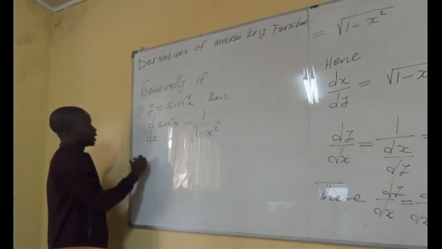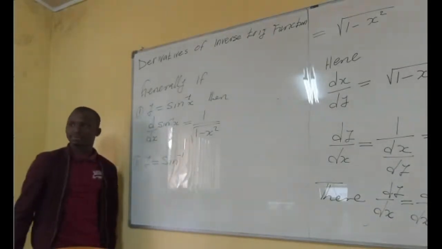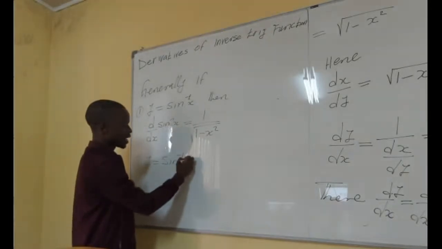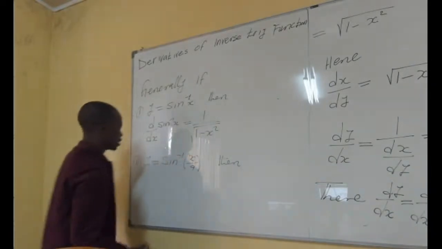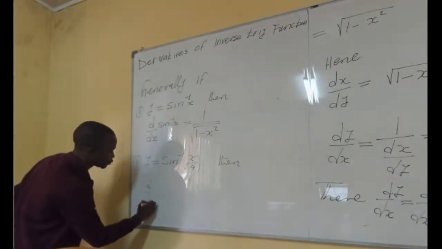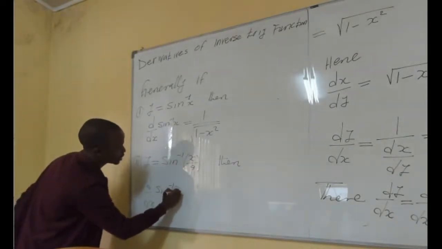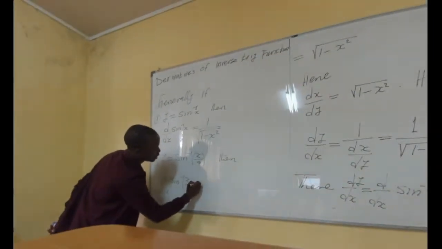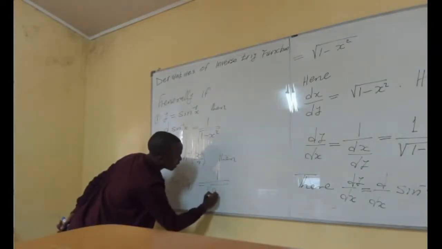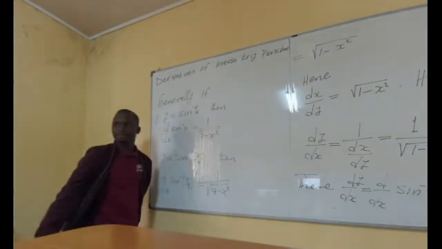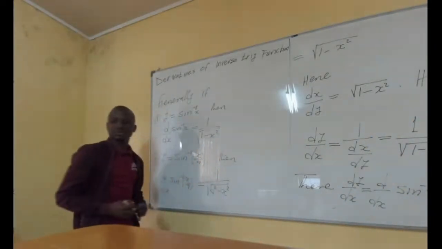Two: if y is equal to sine inverse of x divided by a, then the derivative with respect to x of the inverse sine of x over a is equal to 1 divided by the square root of a squared minus x squared. This was proved.